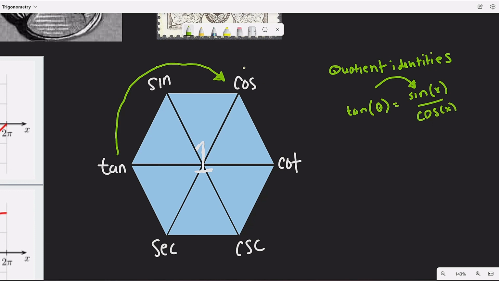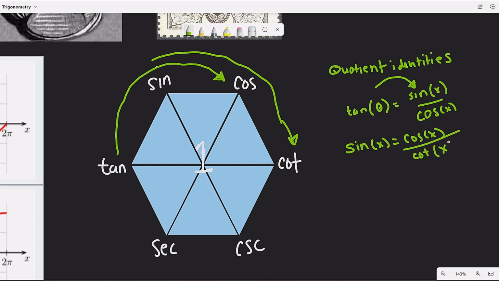And then we can keep extending this. Imagine we wanted to find the quotient identity for sine. Sine of x equals cosine of x over cotangent of x.